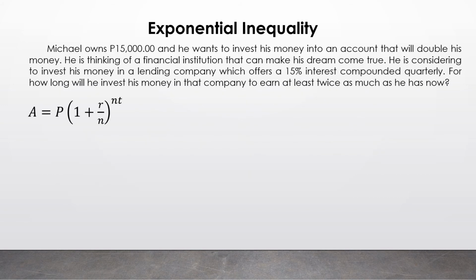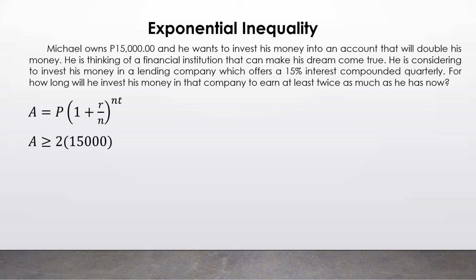So we will use the formula A is equal to P times the quantity 1 plus R over N raised to N times T. Na ginamit na rin natin kanina sa compound interest. And we have the given or the final amount, which is greater than or equal to 2 times 15,000.